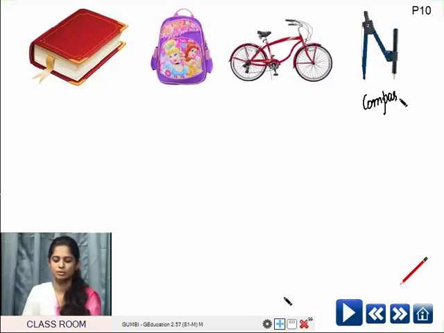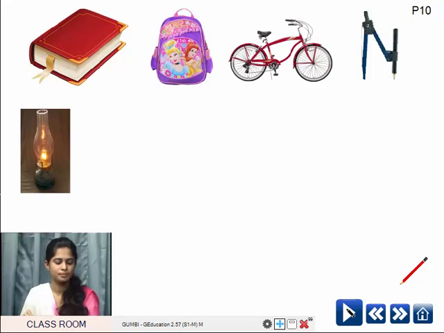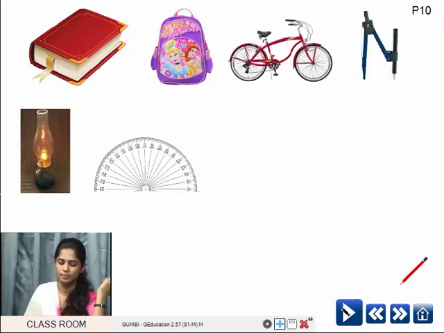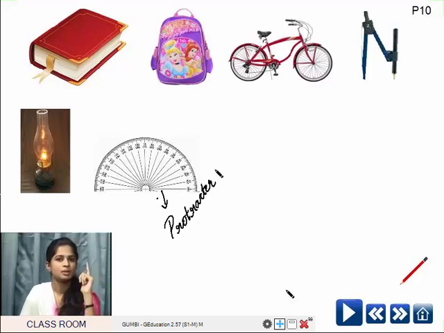Yes, it is compass. You will use this to draw a circle. What about this? Yes, it is lamp. Try to imagine, students, in which all situations you will use all these things. What is this, students? This is protractor. You will use to measure the angles.